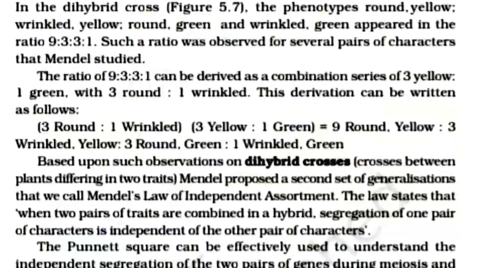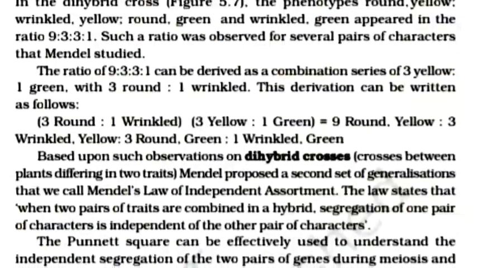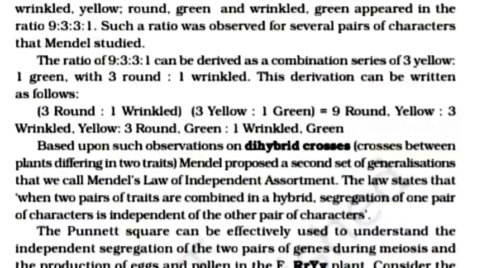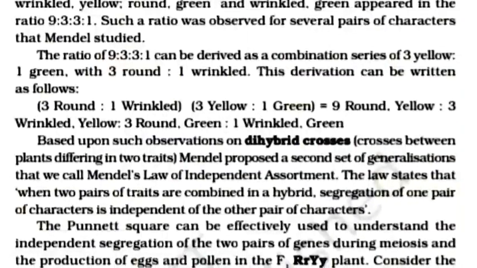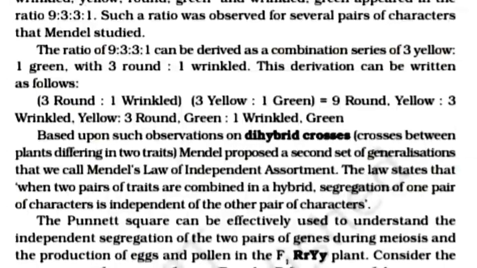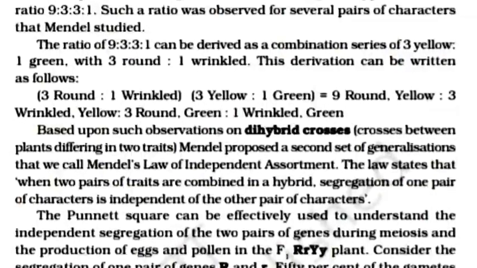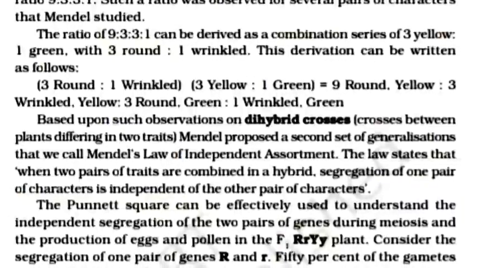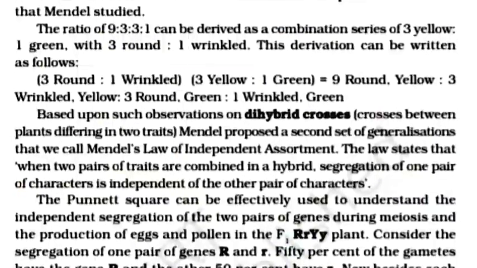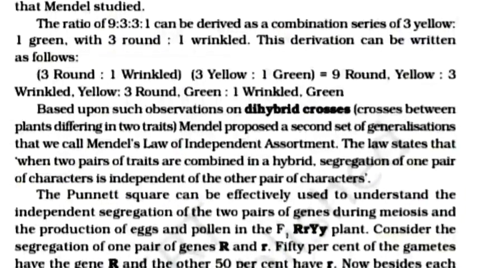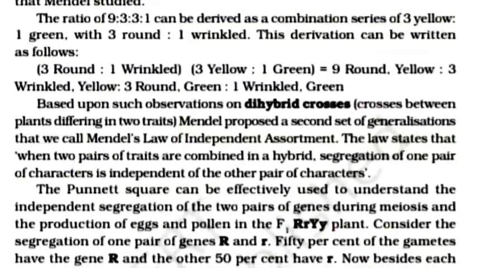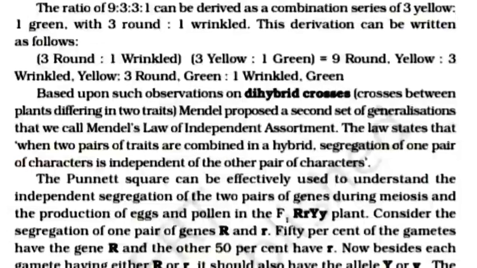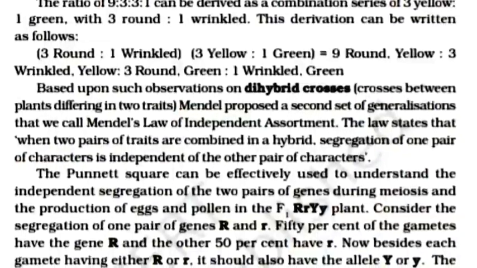The ratio of 9:3:3:1 can be derived as a combination series of 3 yellow to 1 green, 3 round to 1 wrinkled. This derivation can be written as follows: 3 round is to 1 wrinkled, 3 yellow is to 1 green, equal 9 round yellow, 3 wrinkled yellow, 3 round green, 1 wrinkled green.